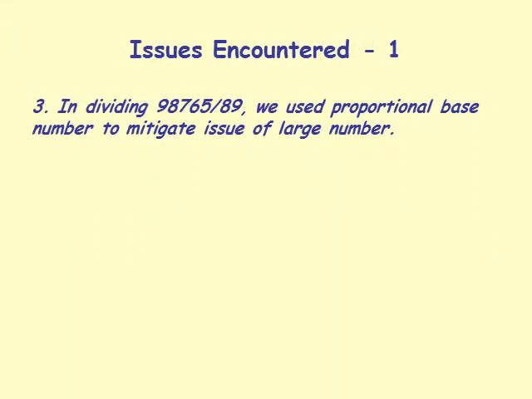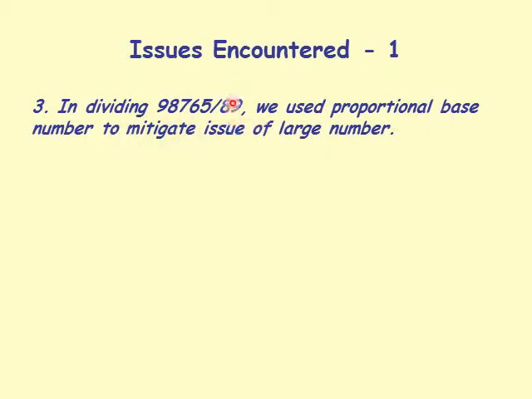Again, in dividing 98765 by 89, when we used a base number of 100, we were getting larger numbers in the quotient and in the adjustment positions. But we used a proportional base number to mitigate the issue.